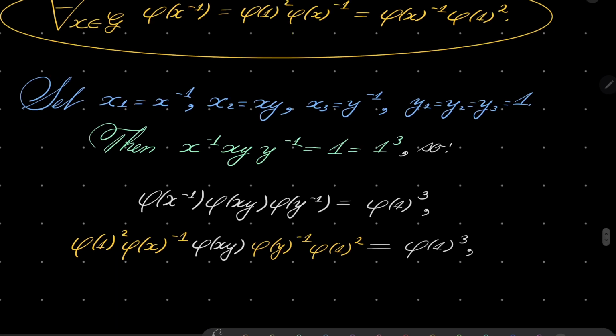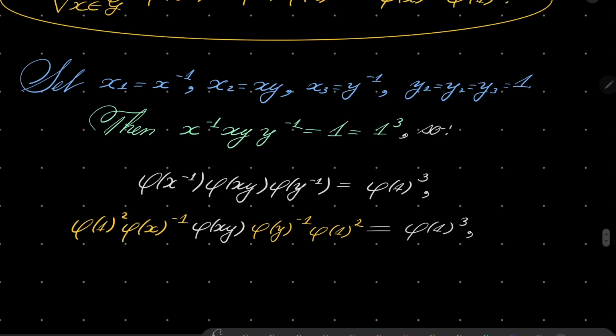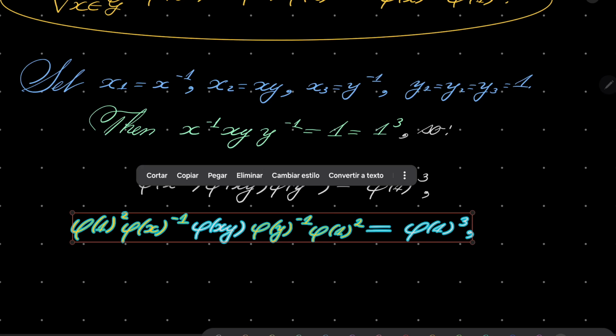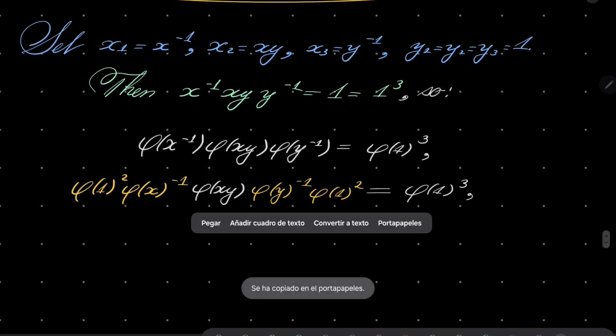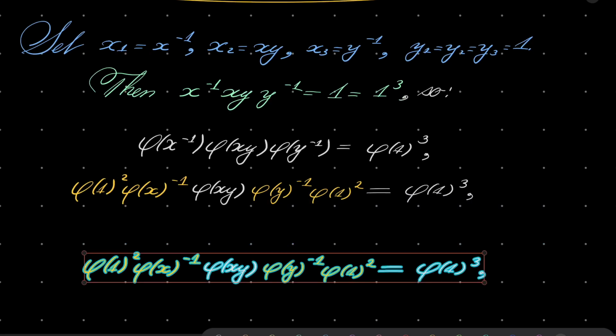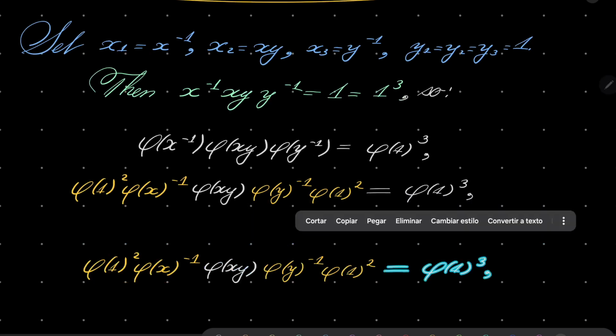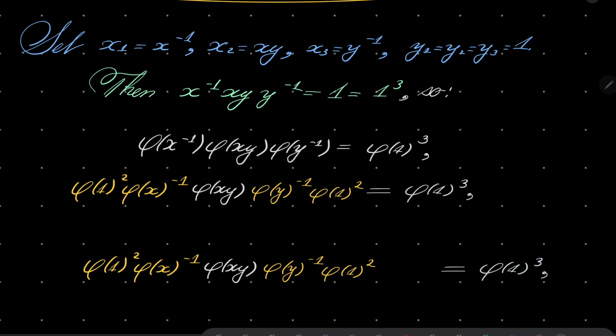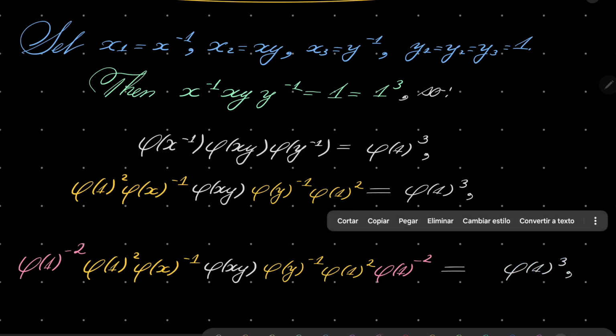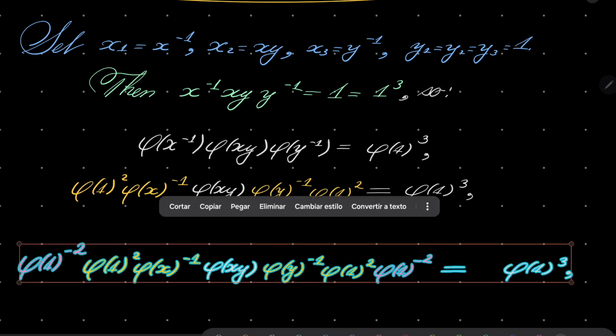And now let's notice the following. I can take this equation right here. Maybe I will put it in the next line. I can take this equation, and now what I will do is I will multiply on the left hand side by phi of 1 to the minus second power, and on the right hand side, of course, as well.